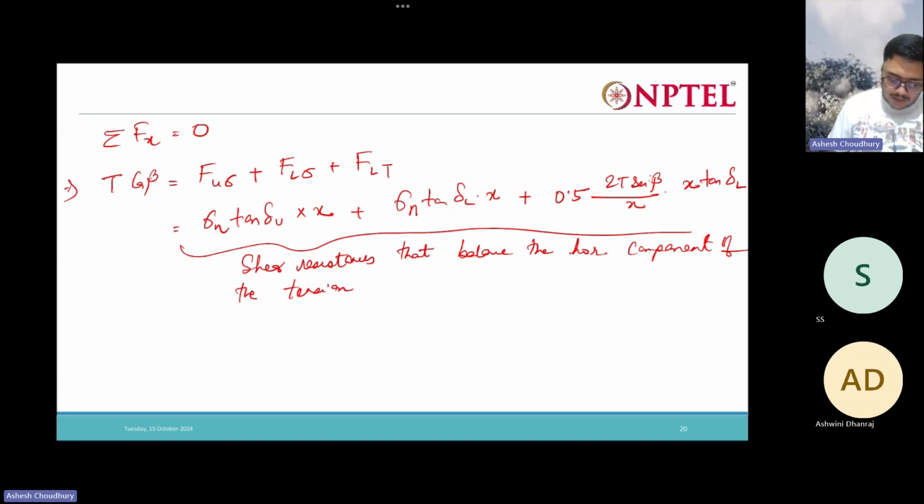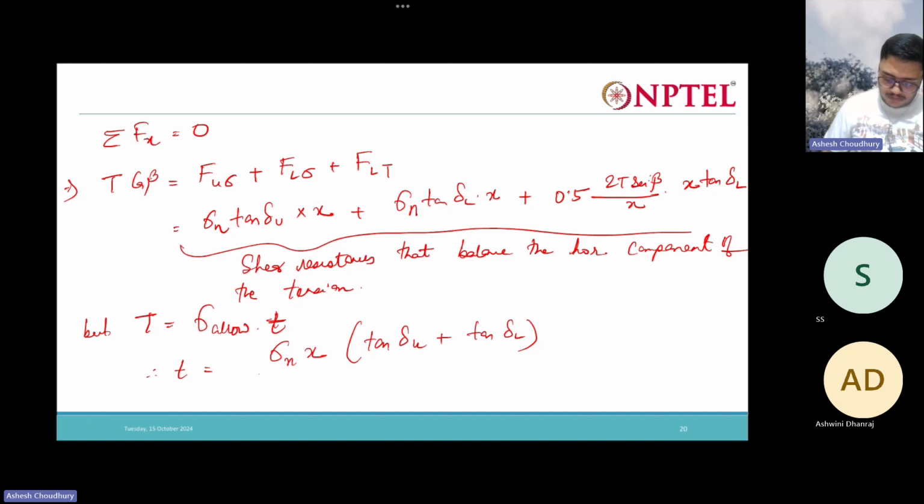Now what is T? T is nothing but the allowable stress in the geomembrane times the thickness, so therefore we can get T in terms of tan delta U, allowable stress, cos beta and sin beta.